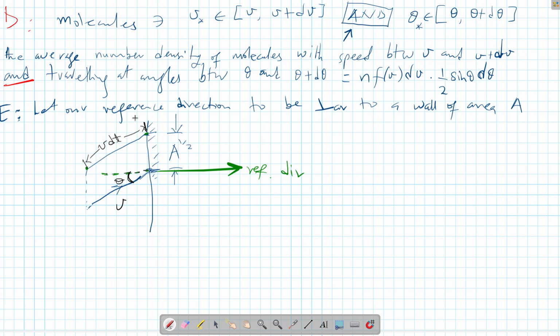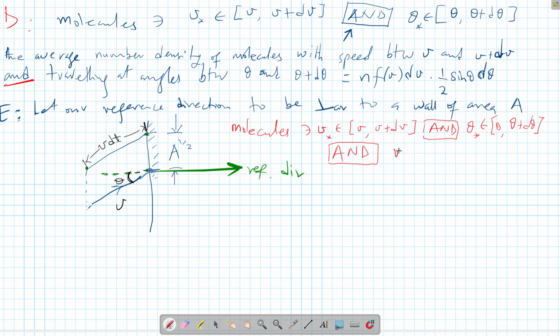So for point D, what we want is that we need to sieve out molecules such that they have v in v to v plus dv, and have theta to be between theta and theta plus d theta, and also hitting.